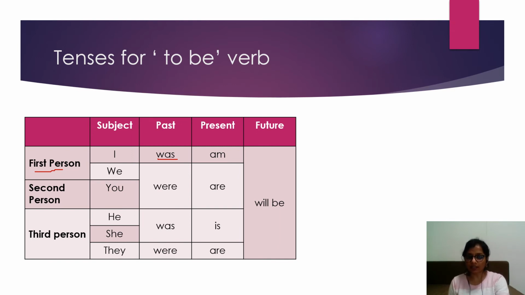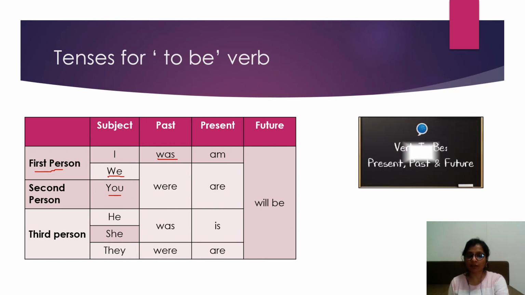For the present I will use I am doing something. For future, I will use I will be doing something. The second person, you, it varies.